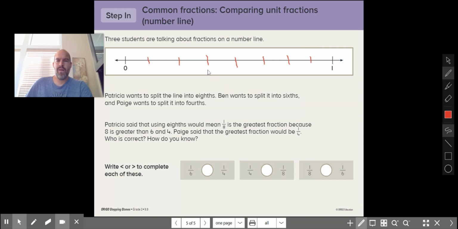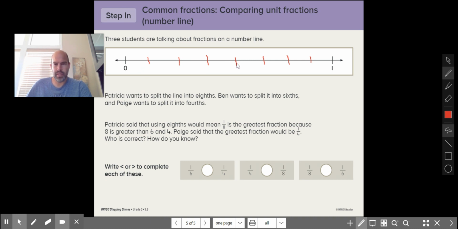6ths would probably fall, let's see here. Well, let me see if I can get the 6ths on here. This would be about right here. Let's see if I can make the 6ths on here. This is a little challenging.